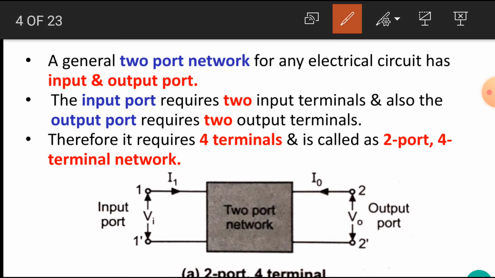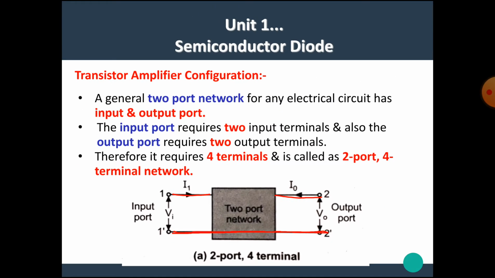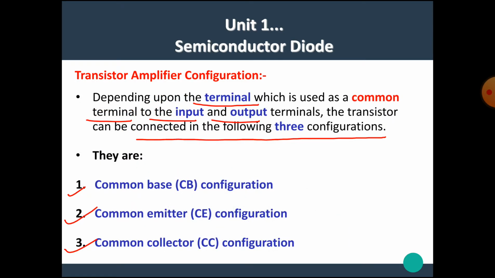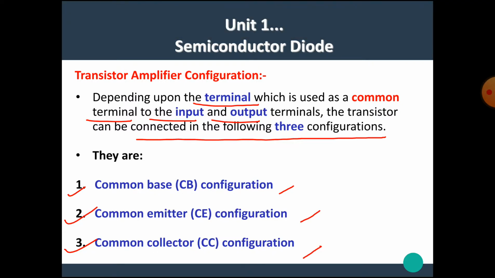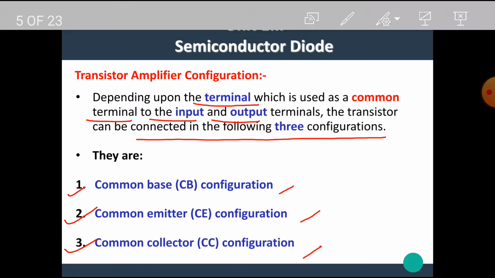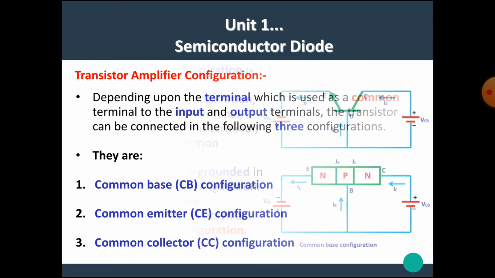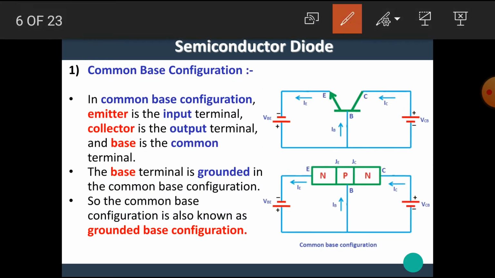Then the three terminal transistor can be used in the network. I hope you all understand the concept. There are three types of transistor configuration: CB, CE and CC. CB means common base, CE means common emitter, and CC means common collector configuration. Let's see the details of each one by one.